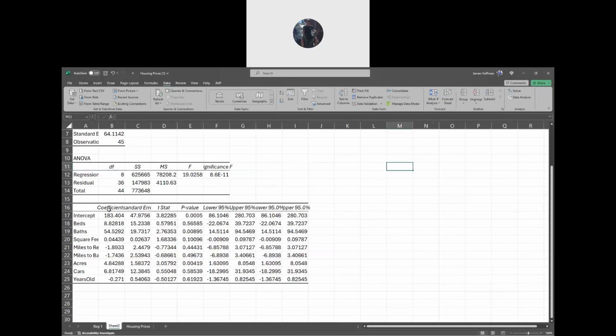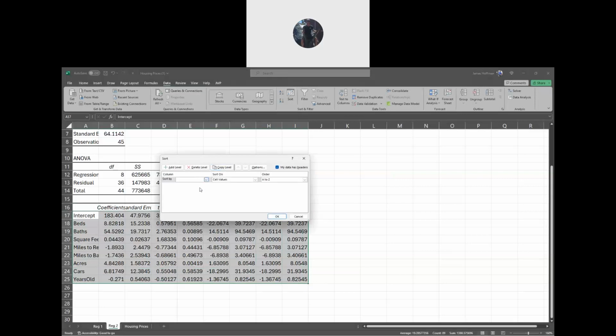So why don't we sort this stuff again? And I'm going to call this reg2. Let's choose A16 to I25 and do data, sort, sort by tstat.